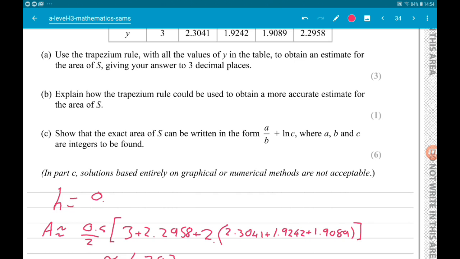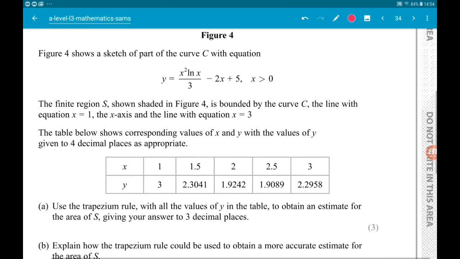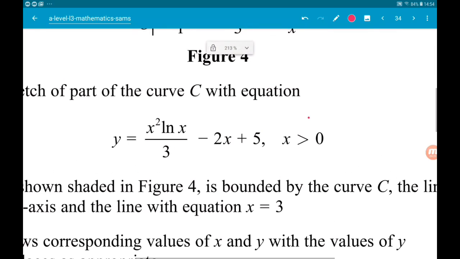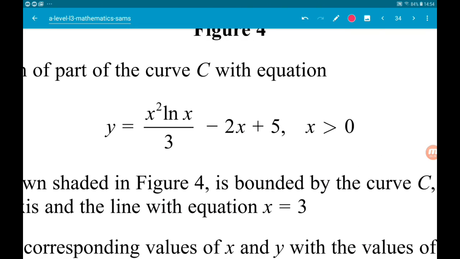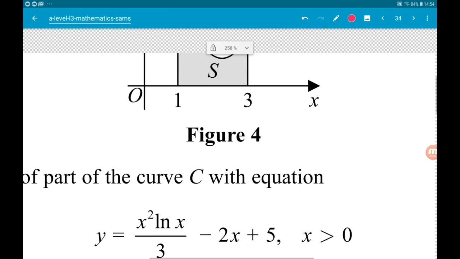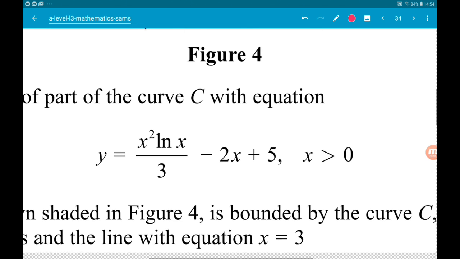Okay, so the area then is the integral of the function between 1 and 3.